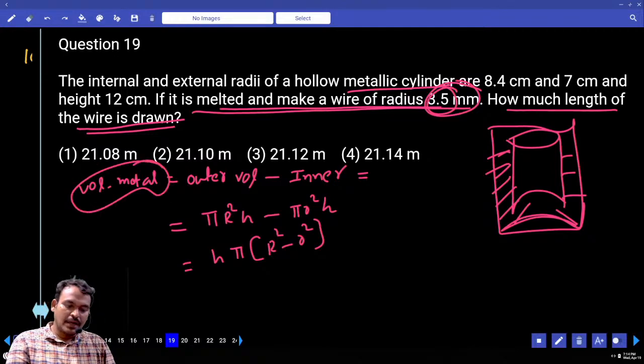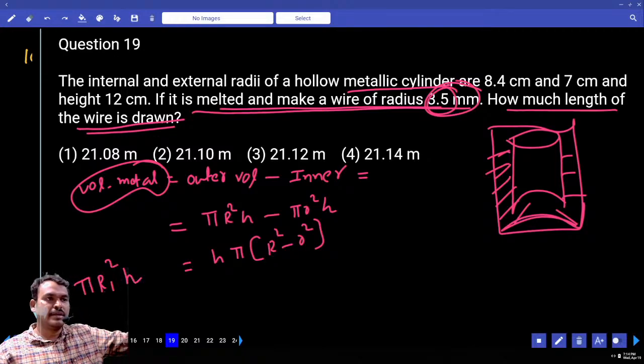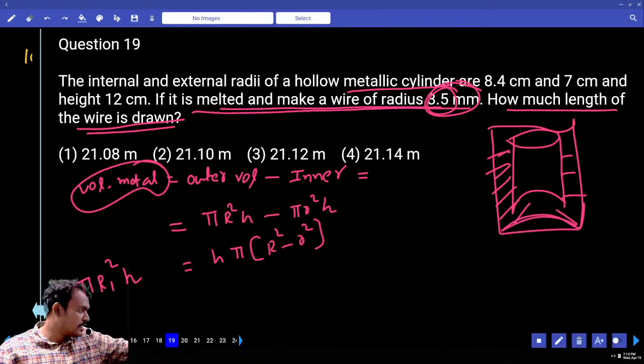Metal. Metal volume is pi r1 square into h. On the left hand side the h value and on the right hand side the h value are different, and the R square values are different.